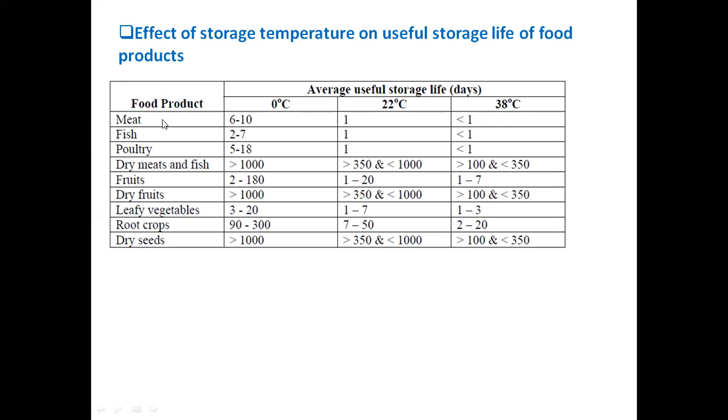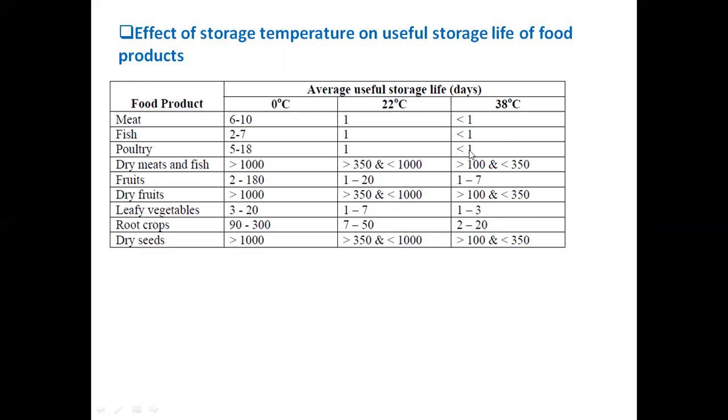So the life of meat and fish is less than 1 day. For dry meat and fish, it is up to 100 days. Fruits last only 1 to 7 days, or within a week fruits may spoil. And for leafy vegetables, it's hardly 1 to 3 days.